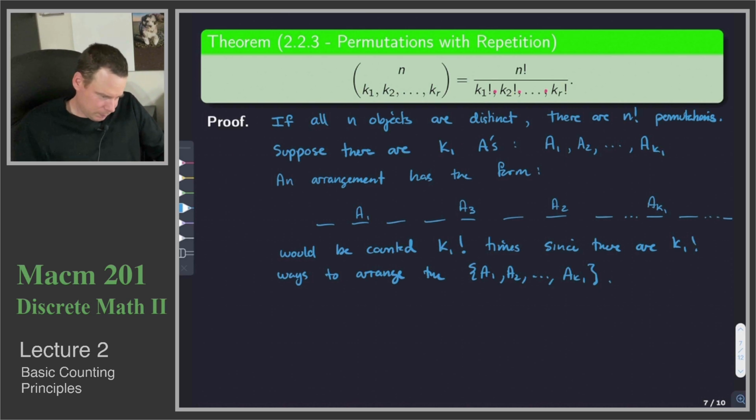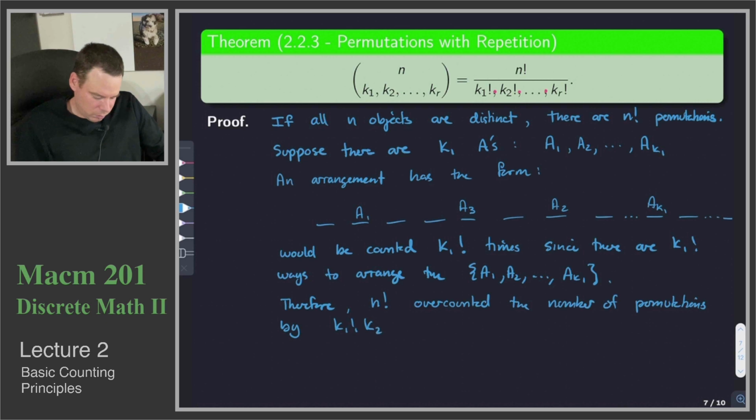So therefore, n factorial overcounted the number of permutations by K1 factorial, and then also by the arrangements of the objects of the second type, K2 factorial, all the way up to the number of objects of the other type being arranged, Kr factorial.